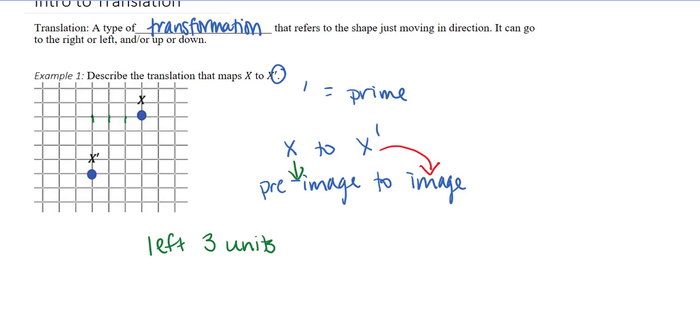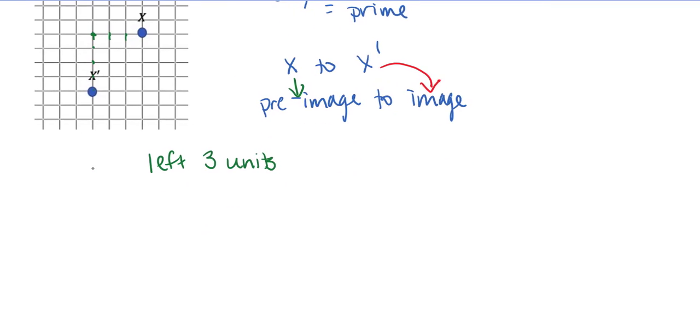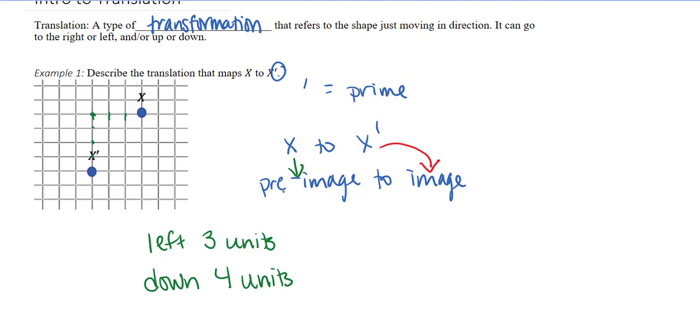And then how many down? We go from here 1, 2, 3, 4, and then we go down 4 units. So that's how we would describe the translation. We go left 3 units and we go down 4 units.